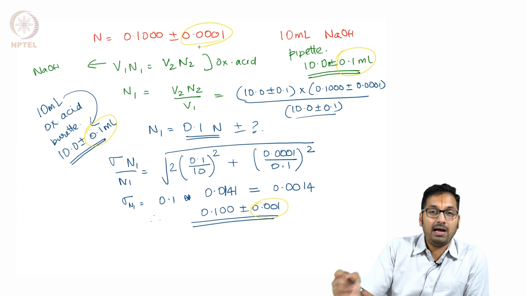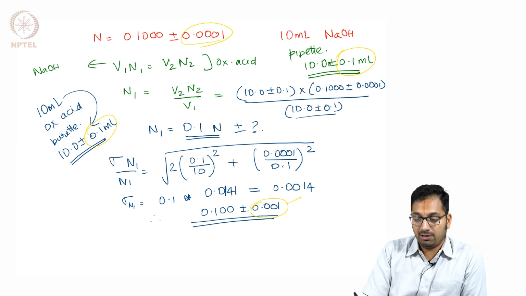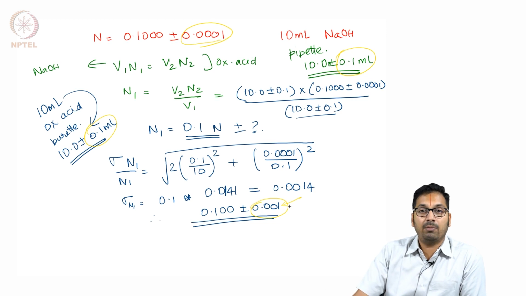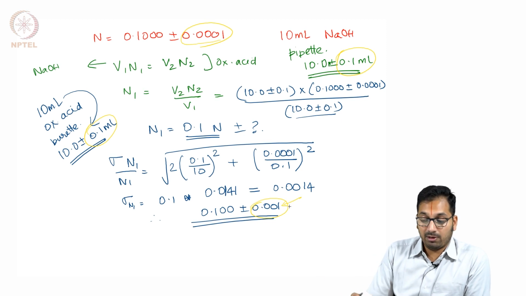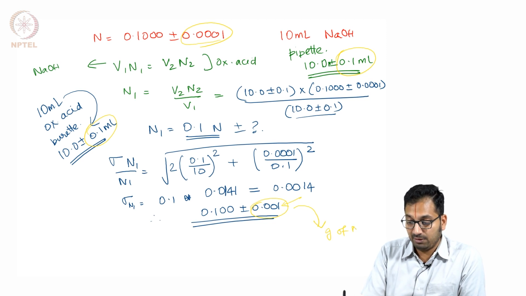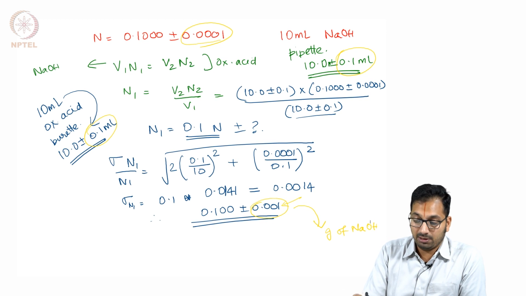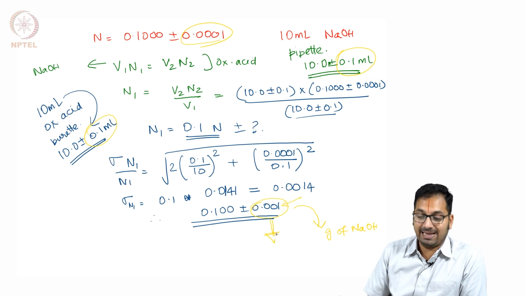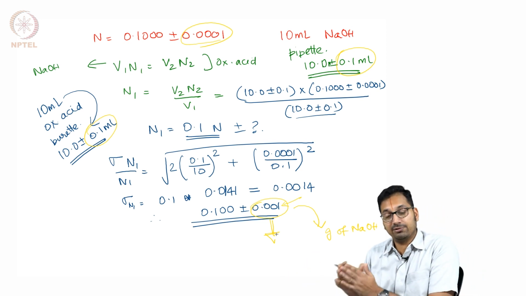Although you had a very high precision to start with, you are able to realize that an order of precision is being lost in the way that you are measuring the final concentration of N1. Of course, do not forget that this has to be back calculated into the number of grams of NaOH, and what that is going to involve is that this is going to come up as an error in the weight that you might have ended up measuring to start with.